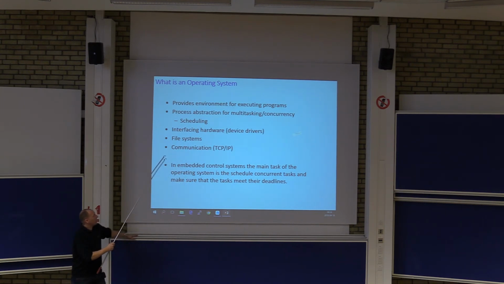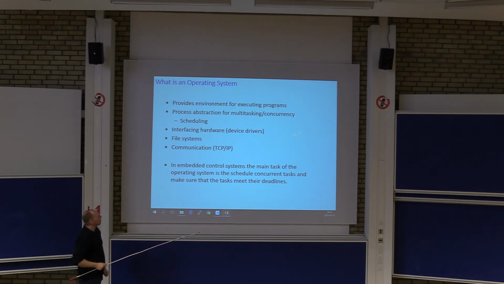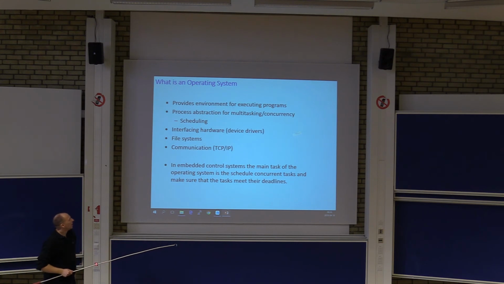On the desktop operating system, of course, we have a big disk and a file system, which is something we don't always have on our real-time operating systems. And then today you also have some form of communication, and for desktop computers it's TCP/IP, which is the protocol used on the internet.